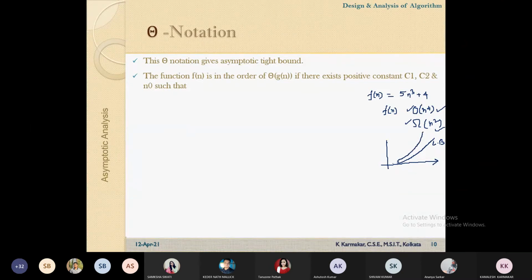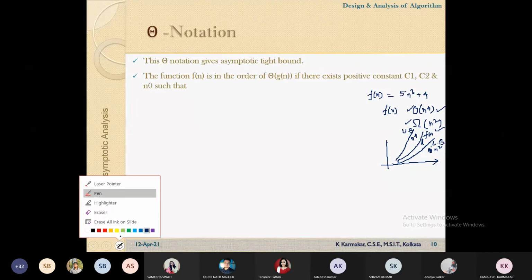Now, this is the given function f(n), and we have another function, the asymptotic upper bound. So this is basically the upper bound. This is a function in the form of n to the power 4, this is in the form of n square, and the actual function is growing in the form of n cube.